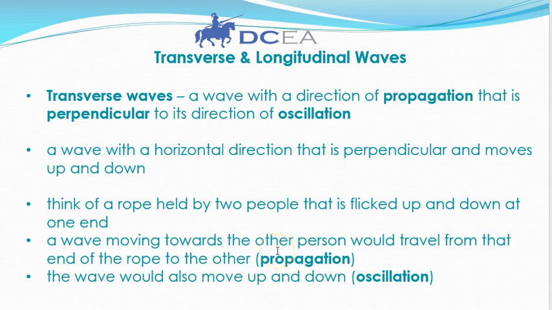So two people are holding a rope. They're holding it taut, and then one person flicks that rope up and down at one end. The wave actually travels towards the person not moving the rope. The wave would also move up and down because the person jiggling the rope is moving it up and down. This is called oscillation.